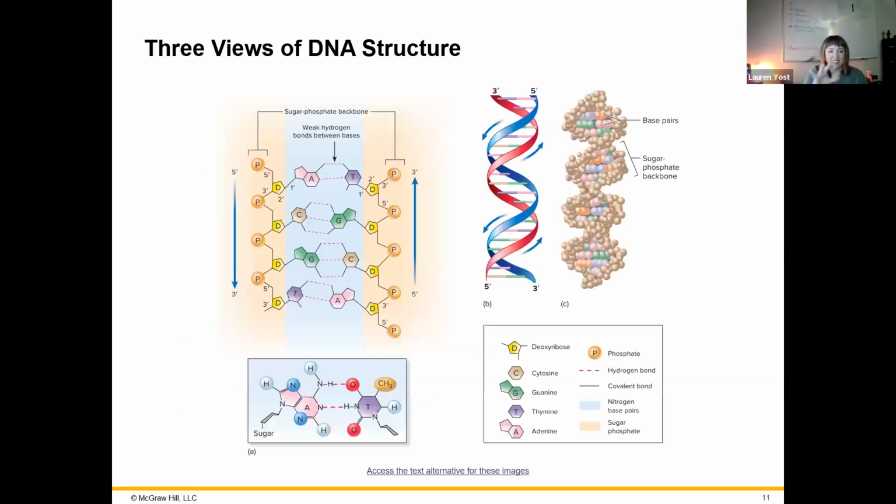So let me show you. I know it's not really helpful. But this is the sugar, the deoxyribose, and they number the carbons in that. That's what chemists like to do. So the carbon atom that's at the end is going to be the 5' one, and this is the 3' end.